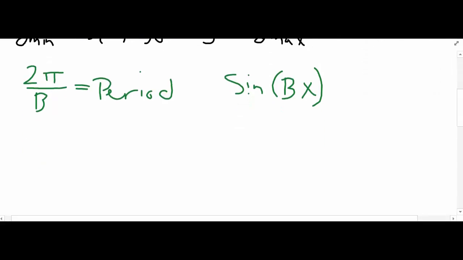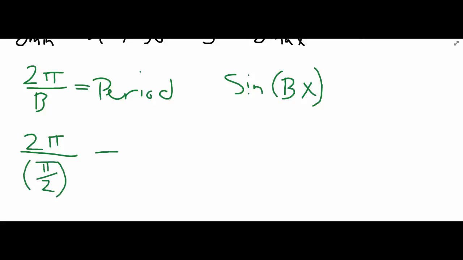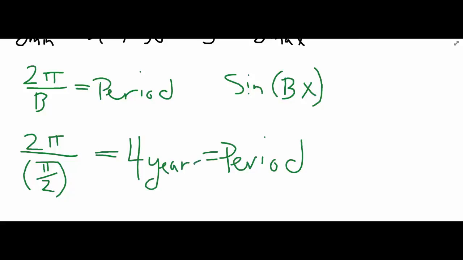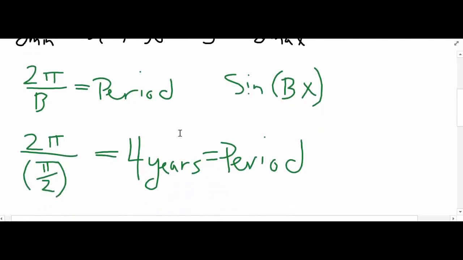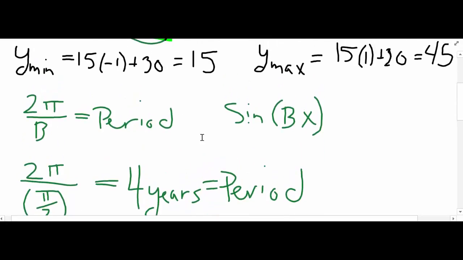So my period will be 2 pi divided by b, which is pi over 2. Multiplied by the reciprocal, it's 4, equals the period. And that information was in years. So every 4 years I'll have this cycle. Between 15 and 45 wolves every 4 years will be this conservation of low and high numbers of wolves.